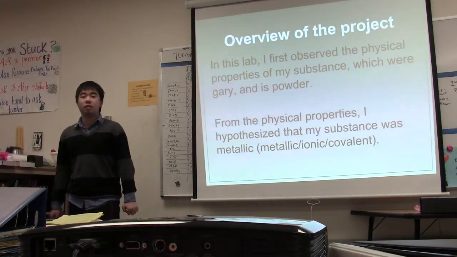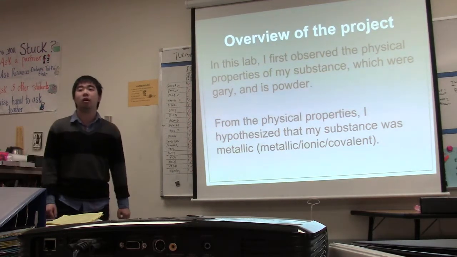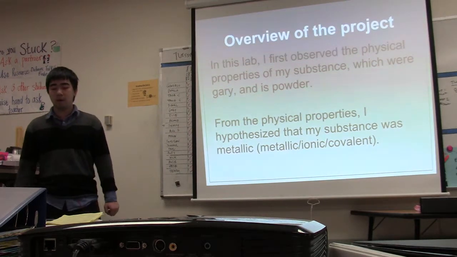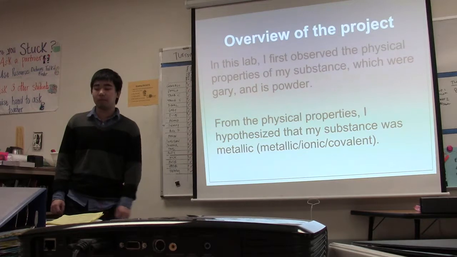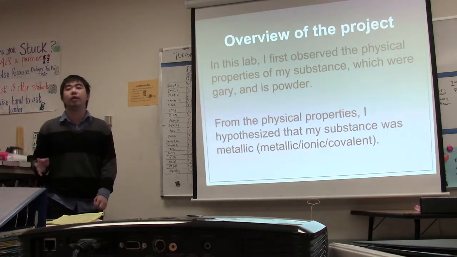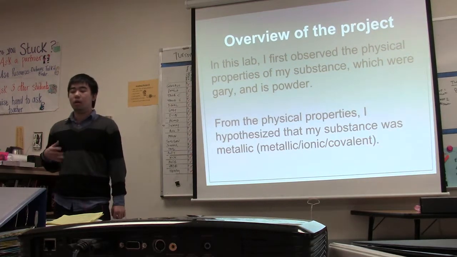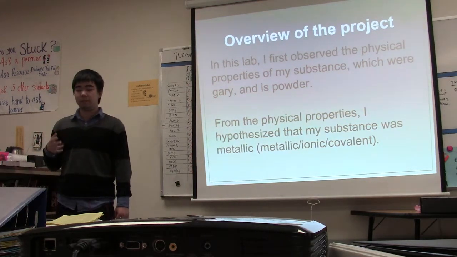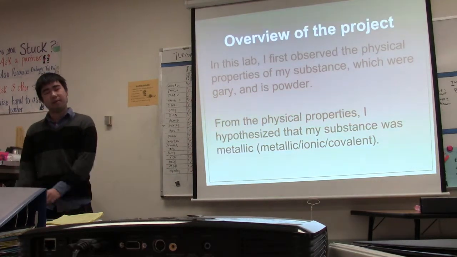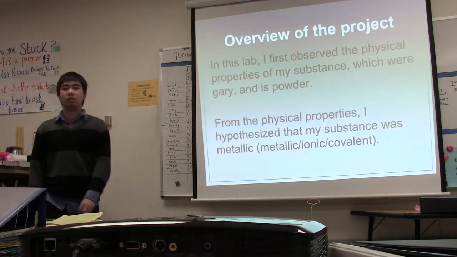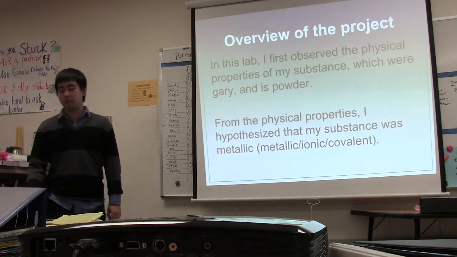So in this lab, I first observed the physical properties of my substance. My physical properties are that it is gray and a powder. From the physical properties, I hypothesized my substance is a metal.